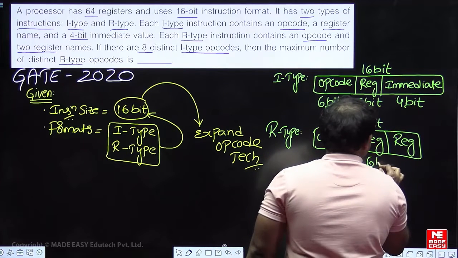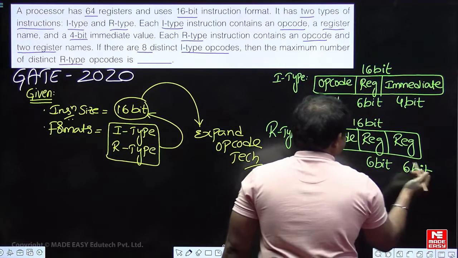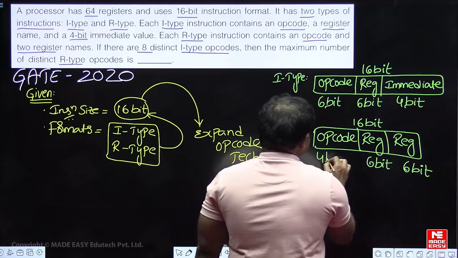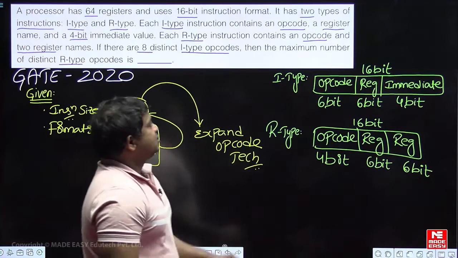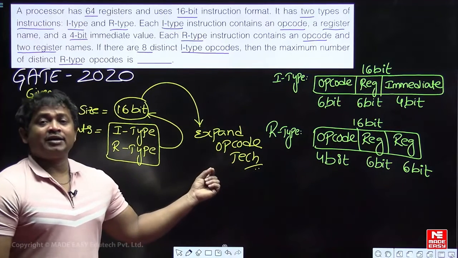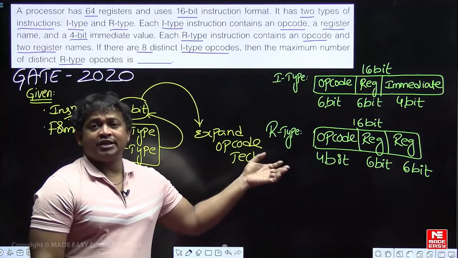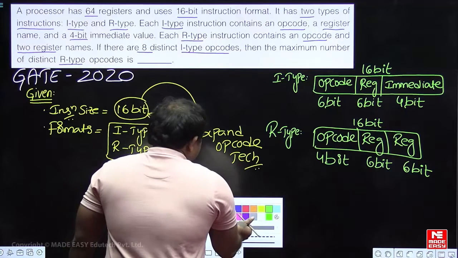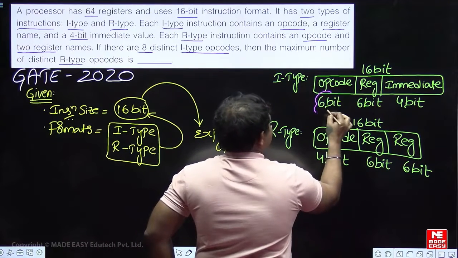With 64 registers, each register address is 6 bits, so 6 bits and 6 bits. The rest of the bits are opcode bits. So the I-type format and R-type format are both identified according to the given question information. Later, we are going to identify the opcode size.